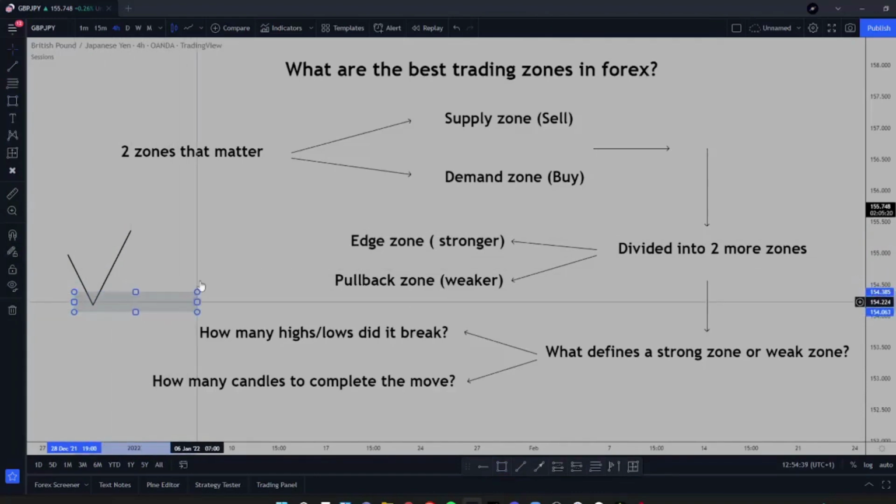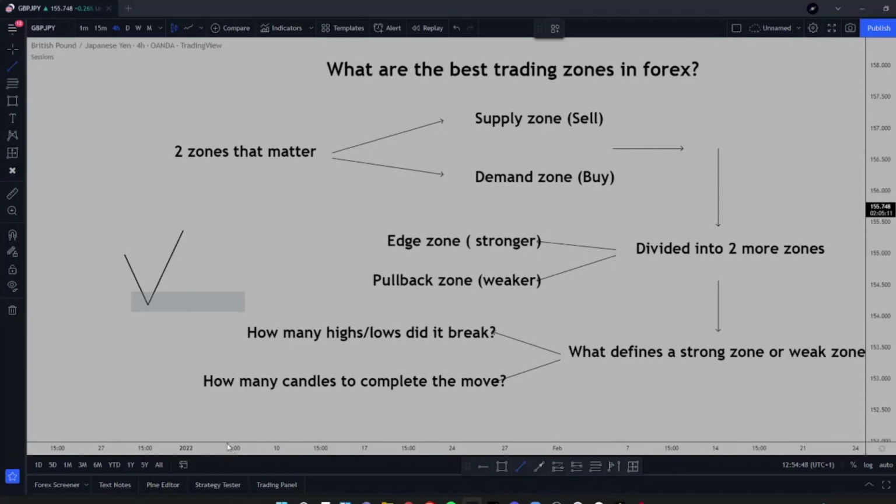And this would be the edge. This is where the market decided to make a change in direction, which would be like this. Let's say the market was in a sort of downtrend, and it decided to make a change.